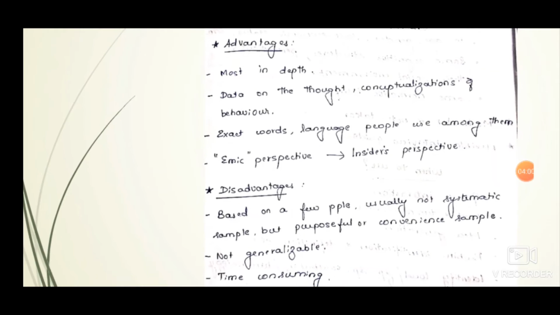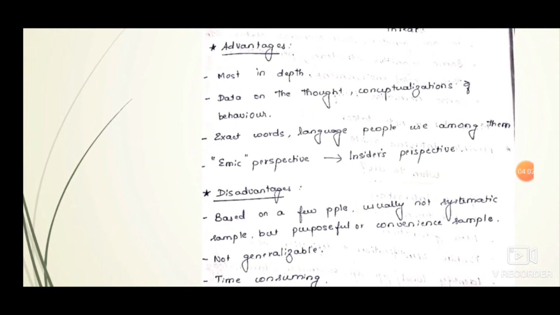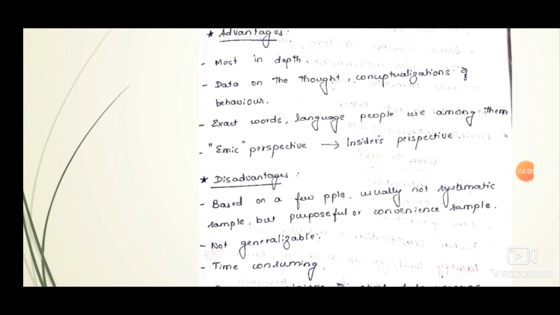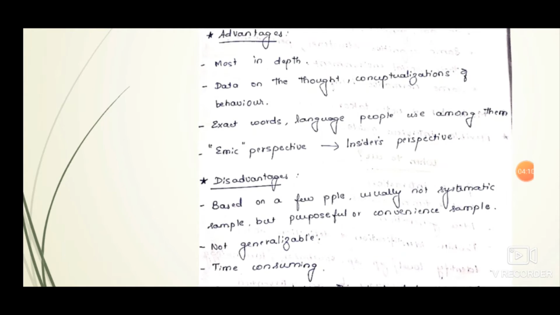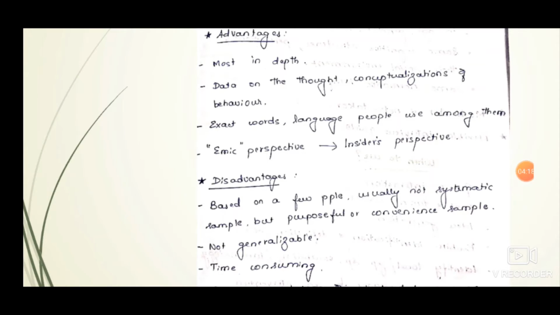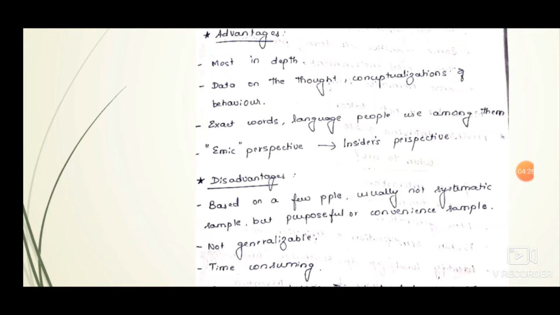Some advantages are that it is the most in-depth method, the data on the thought and conceptualization of behavior can be seen, the exact words and language of the people can be known, and it gives the inside perspective of the participant.